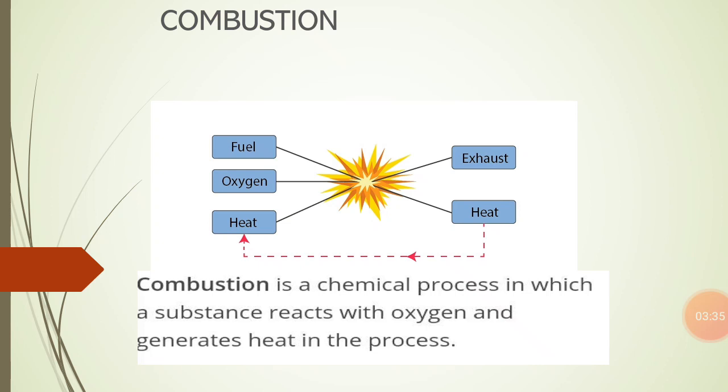When magnesium burns in the presence of oxygen, we get a white colored powder after the reaction, and that white colored powder is mainly magnesium oxide. During that reaction it burns with heat and dazzling white light. So it is an example of the combustion of magnesium.